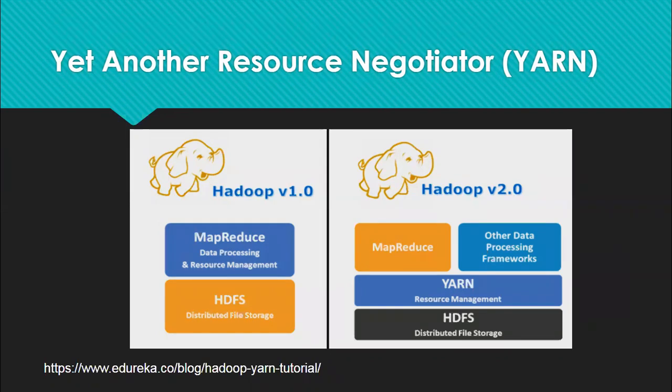But in version 2 of Hadoop, one more layer is added in between MapReduce and HDFS, and that layer is called YARN. So YARN works in between MapReduce and HDFS. It comes in Hadoop version 2. And apart from YARN, some other data processing frameworks are also added. So we'll see why YARN is added here.